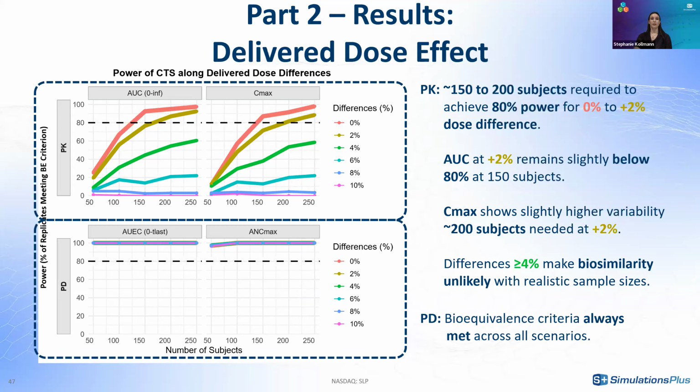So overall, this demonstrates that our design provides adequate power for realistic dose deviations, with PK exposure metrics being the primary determinants of study sensitivity. Also note, some power curves look a bit bumpy. These can be smoothed out by increasing the number of replicates from 200 to 500, for example.